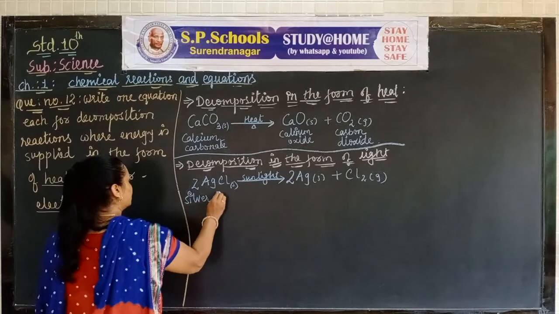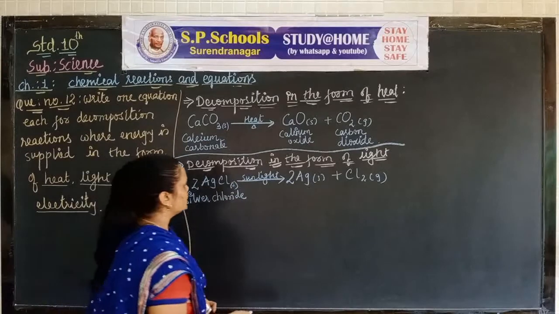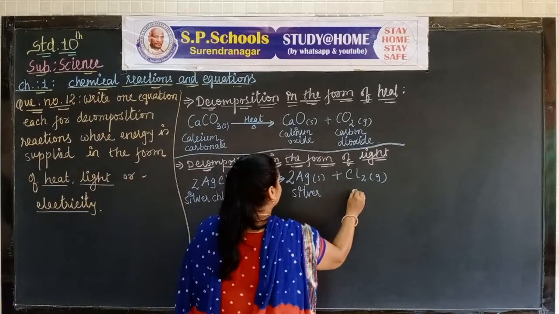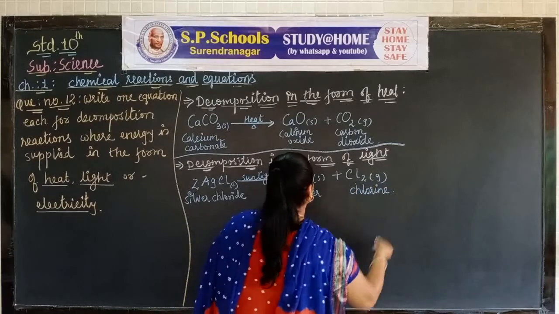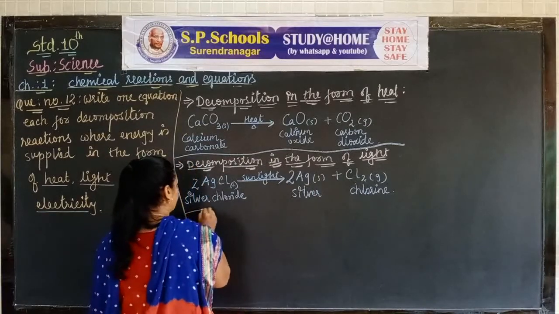Silver chloride. This one is silver. This is chlorine. Let's see. Third example.